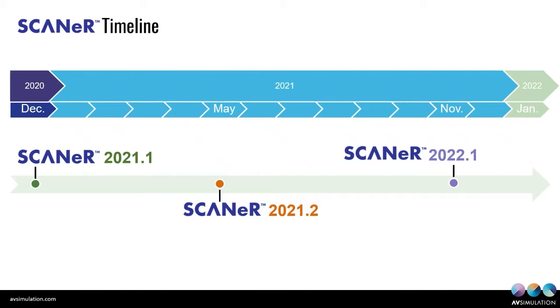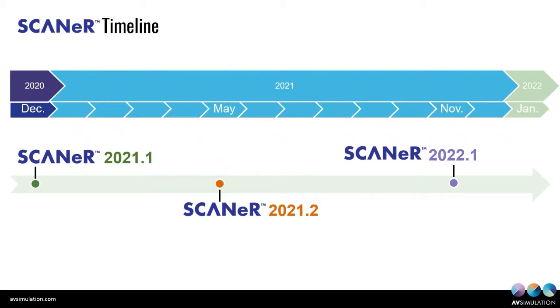We switched to year numbering with the .1 version, which is always the first release of the year, which contains all the new features, and the .2, which is a refresh version with some new minor features and bug correction, but you also have the bug fix release all in between.